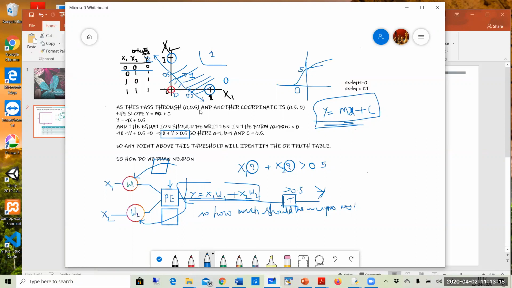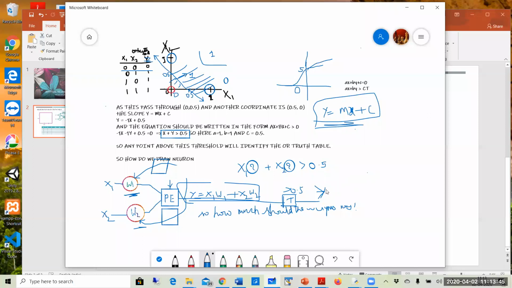Now what is this whole thing related to? The reason is that we need to understand this processing unit. The truth table is going to be fine, but the w's are what we are worried about. What should those w's be such that this particular neuron gives me my desired output?